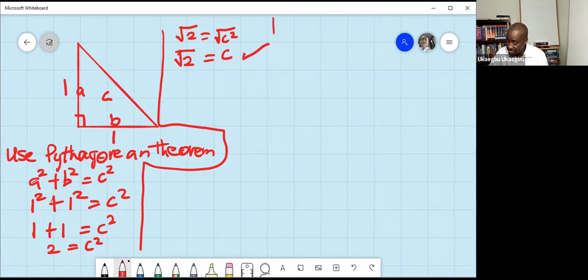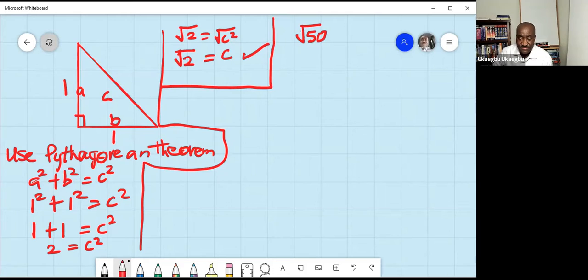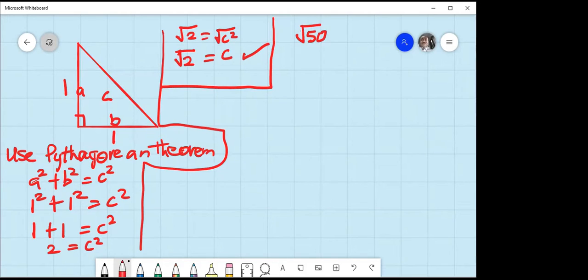Now let's give another example of a radical number and see how we can break it down. Granted that our solution is square root of 50, is there a way to break down square root of 50? Yes. What do you say, please? 25 by 2.